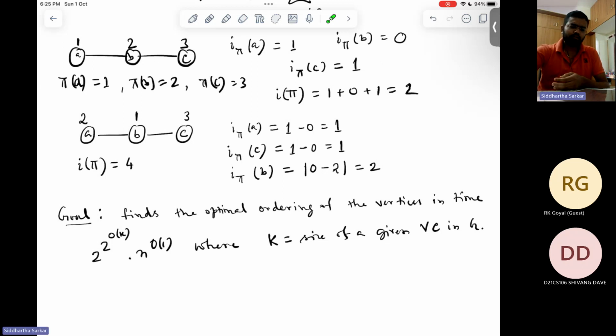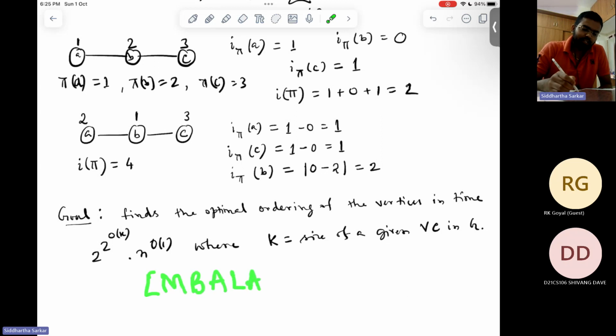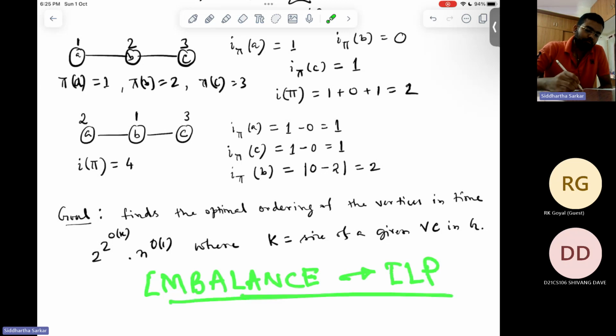So this implies that if we can write an equivalent ILP formulation of the imbalance problem, then because ILP is fixed parameter tractable in the number of variables, and if the number of variables is 2 to the order k, then we will be able to solve the imbalance problem in this much time.